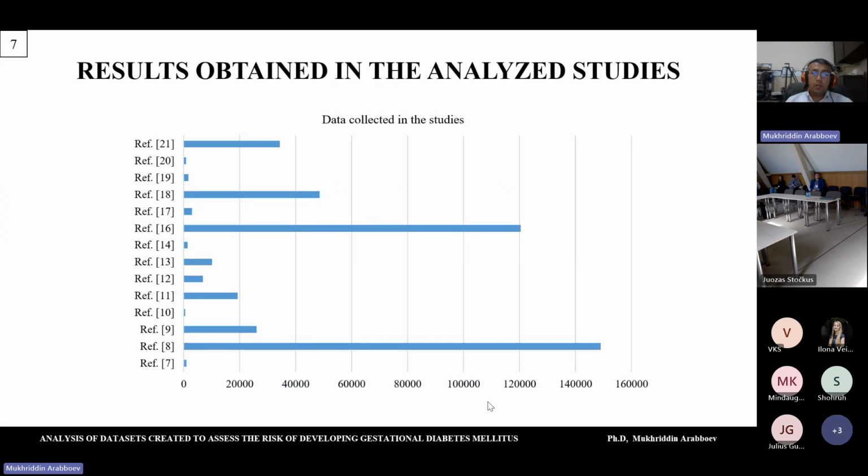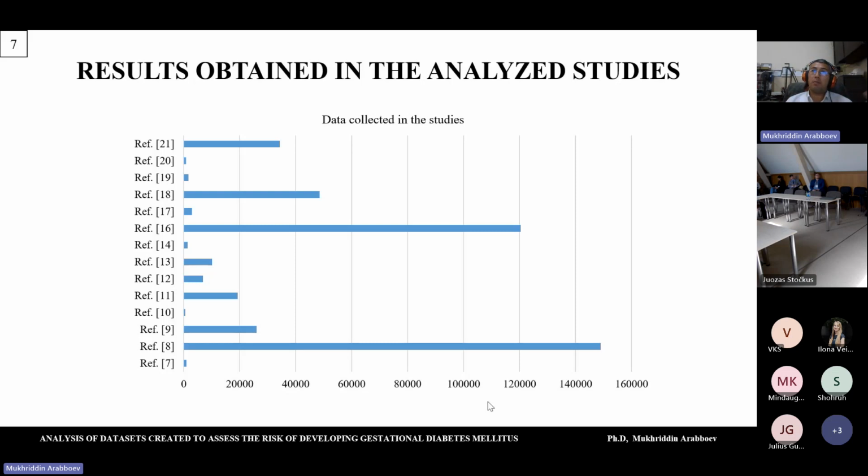In this figure, you can see data collected from the female patients in the studies. This figure depicts the datasets developed in analyzed studies.